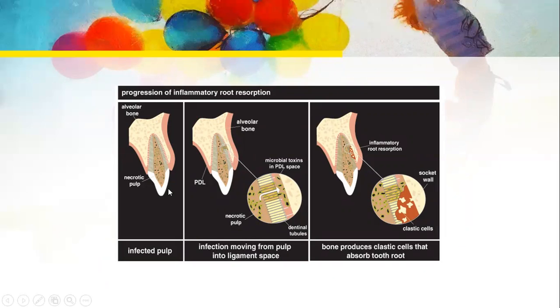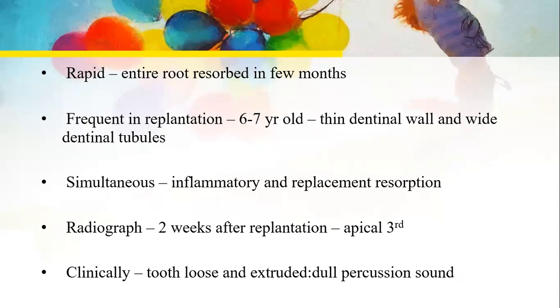If you don't follow up with the endodontic procedure and the canal is not properly cleaned, the bacteria from the remnants of this necrotic tissue will seep inside the dentinal tubules, and if they reach the cementum, they will cause an inflammatory reaction. From there, the resorption lacunae will worsen because of the presence of bacteria, and this inflammatory resorption will become bigger and bigger, and finally it will reach the pulpal canal.